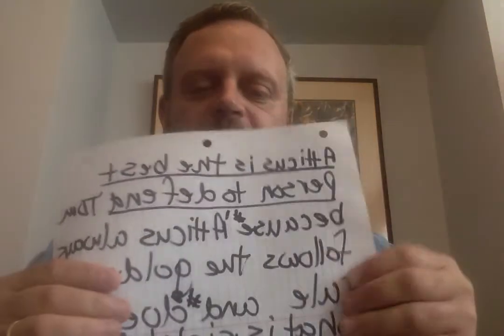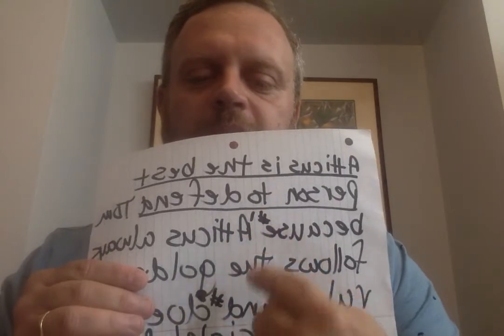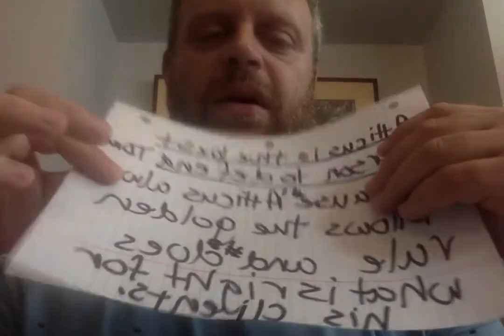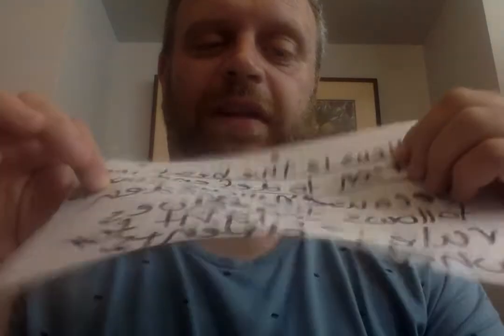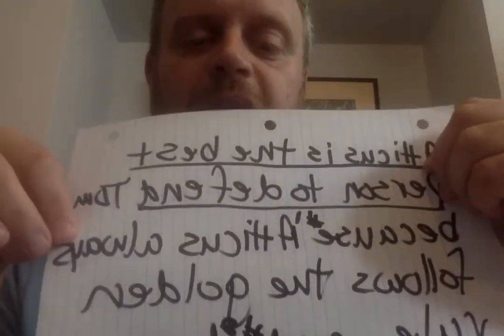So our first reason is Atticus always follows the golden rule, and then our second reason is that he does what's right for his clients. So if we look at this, I labeled reason number 1 and reason number 2. When we get into writing the body paragraphs, which is obviously next, the reasons will become the topic of your body paragraphs. So that's how the thesis statement works as an outline.